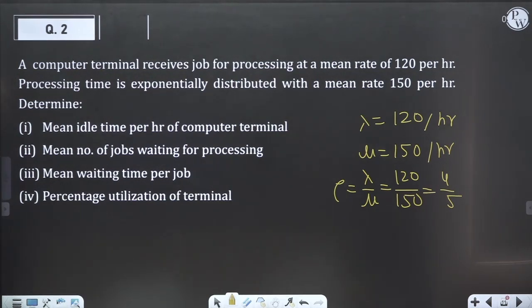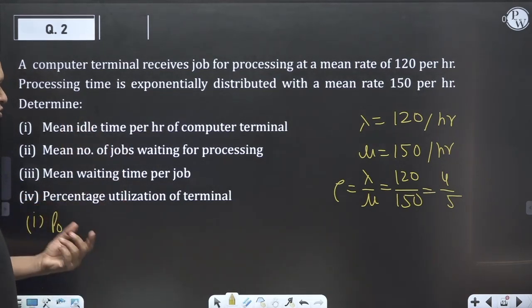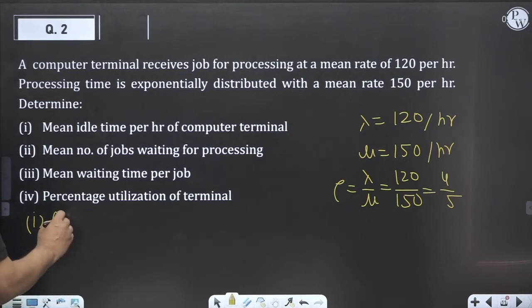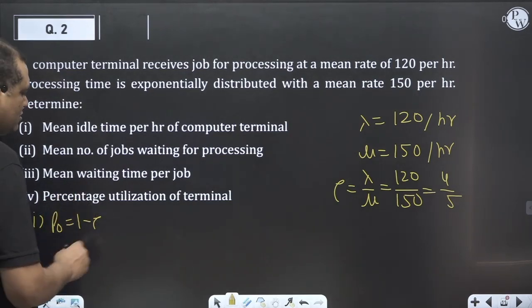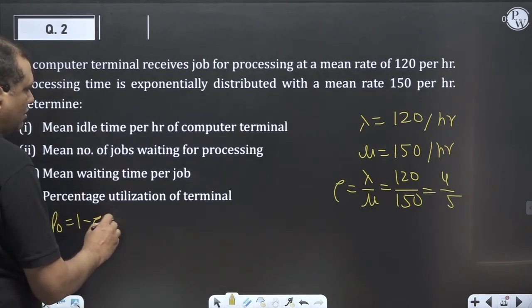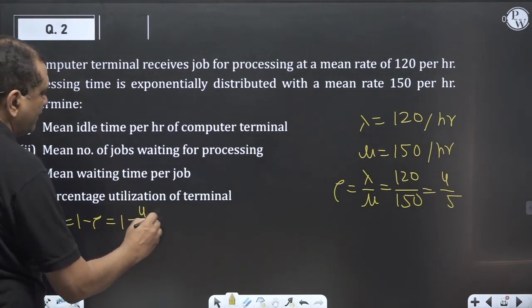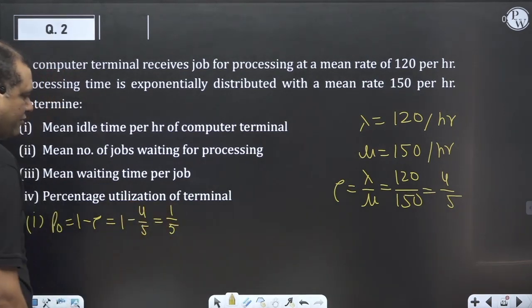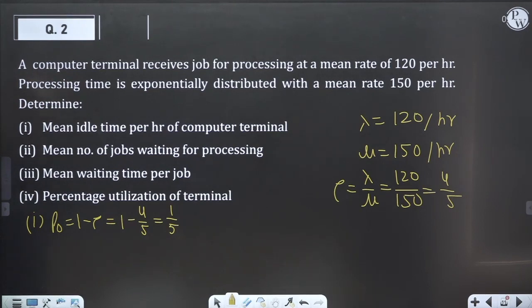What is the mean idle time per hour for the computer terminal? First of all, calculate the percentage idleness: 1 minus rho is equal to 1 minus 4 by 5, which comes out to be 1 by 5.